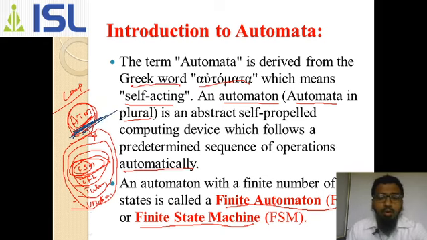I told you the ATM is automatic, it will take the input, do some processing, and give you yes or no. Means your program or whatever you are doing will be accepted or not accepted. That thing we saw.